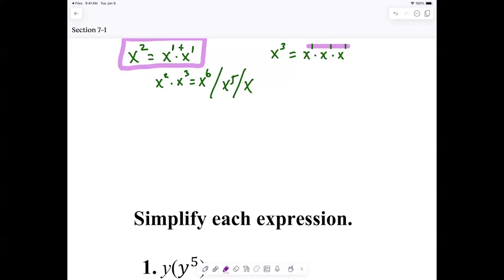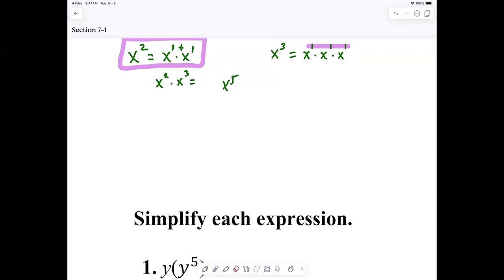So when you forget the rules, everyone in here knew that x squared meant x times x. So when you multiply variables, what do you do to the exponents? You add them. So when I say what is x squared times x cubed, you're going to tell me it's x to the what? X to the 5th.